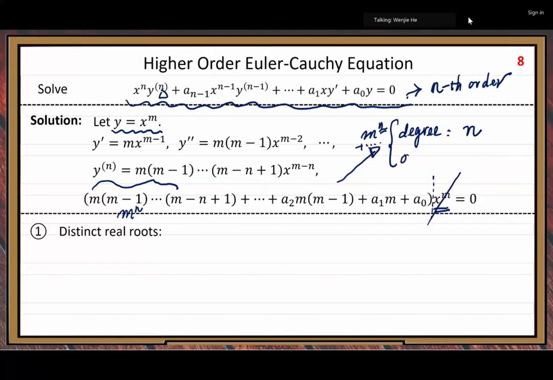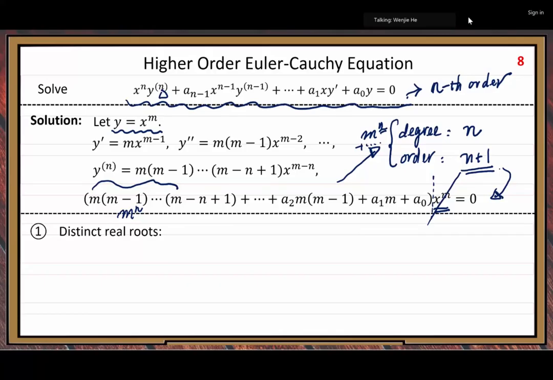If we use order, the order of this polynomial becomes n plus 1. That's different. These two concepts are different for polynomials. So when you use these two words, you should be very careful.